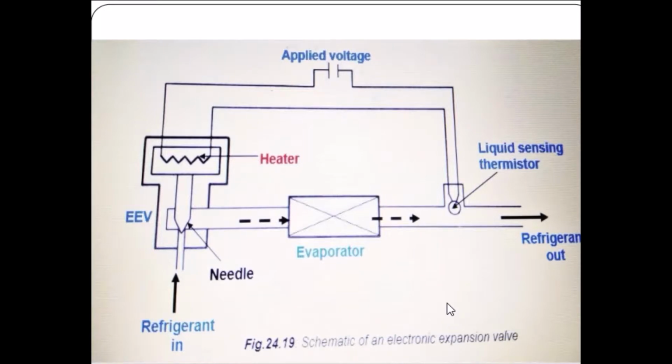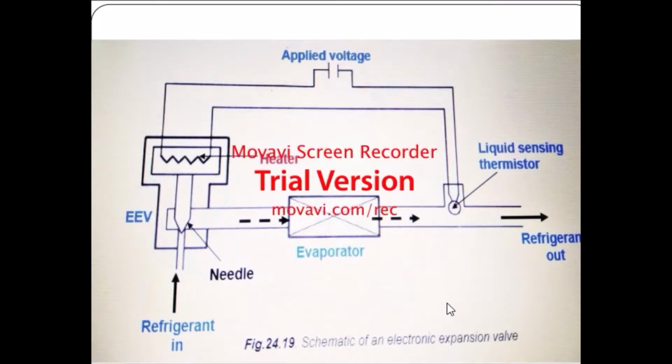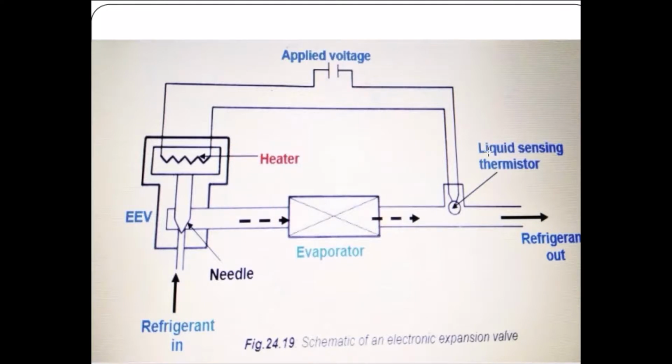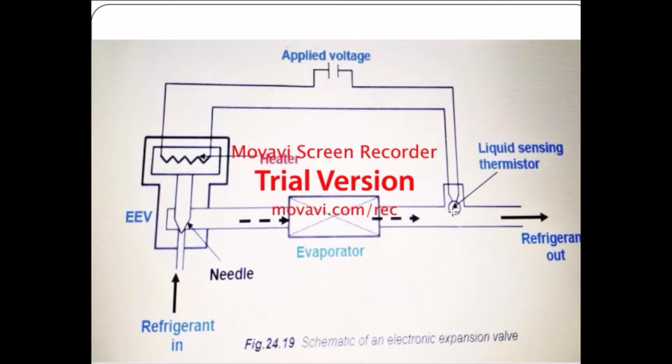Here we can see an illustration of how the electronic expansion valve works. This one actually is a sensor that gives information to the heater to work higher or lower.